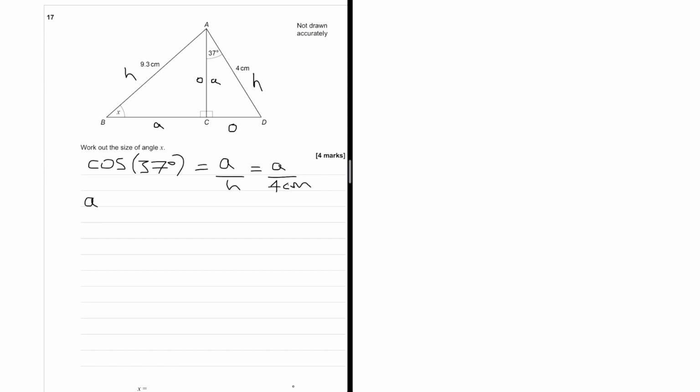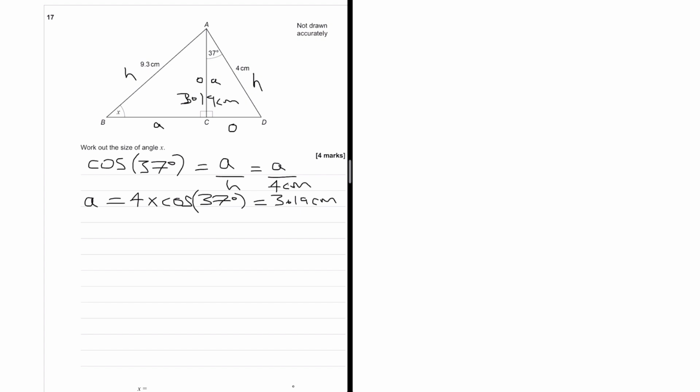So we know that the adjacent side is going to be equal to 4 times cos 37 degrees. And when we work this out, we get 3.19 centimeters. So let's just label this side as 3.19 centimeters.